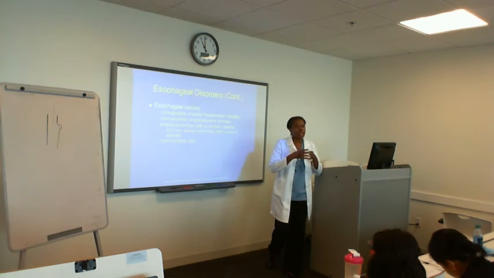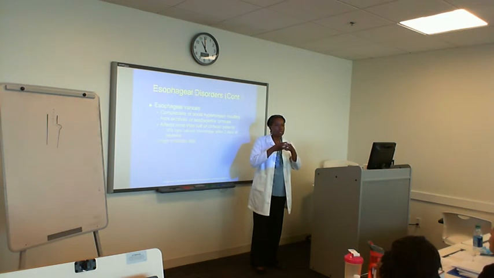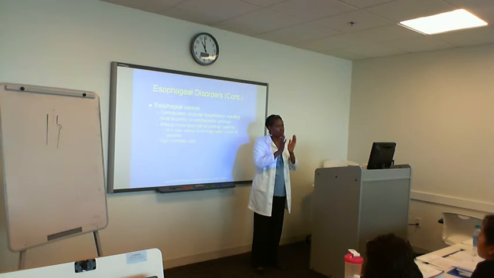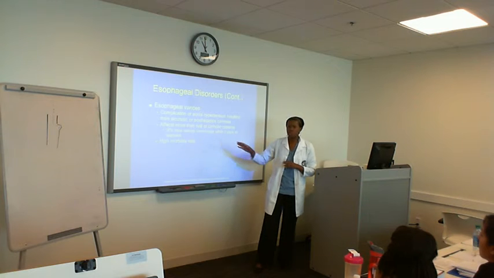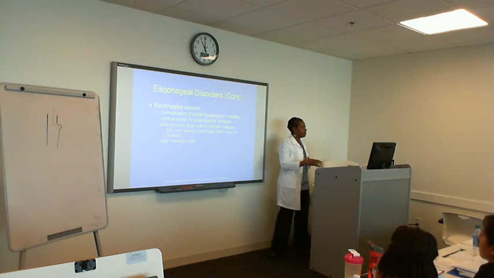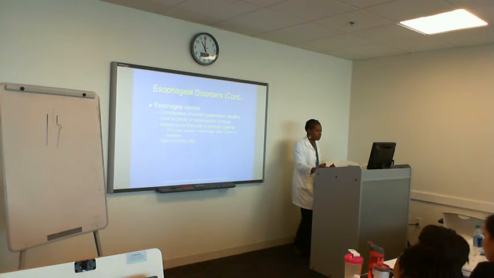When they have this portal hypertension, it causes the veins and the vessels to dilate. And you know what happens when things dilate: remember, the blood just gets stagnant. It's not moving as it should. So this is definitely an issue where these individuals will have a problem with circulation.